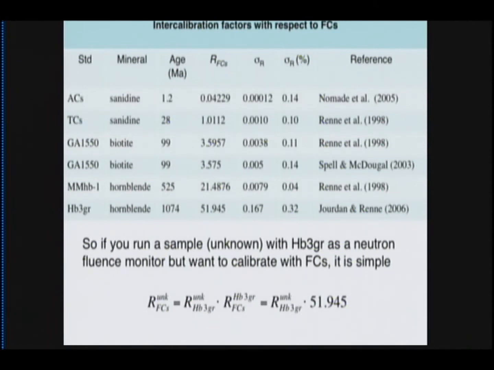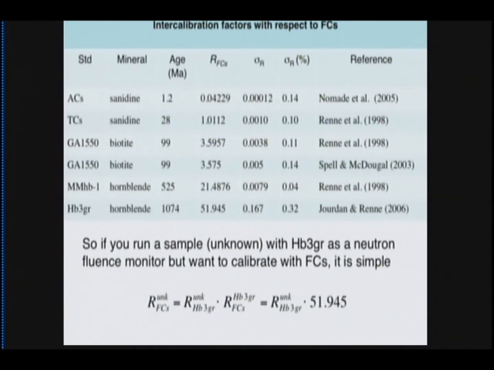This is what you measure, times the R value of HB3GR relative to Fish Canyon, which is given right here. So this you can just get from the literature. And so you can effectively use one standard but relate it to another, better characterized standard, if you see what I mean.